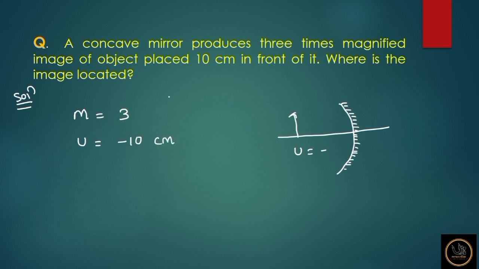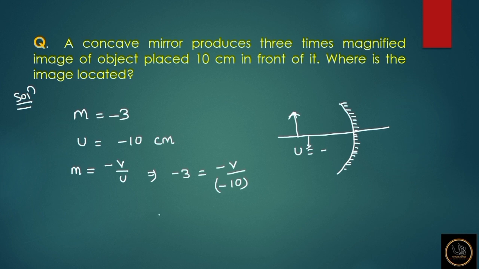Then magnification. Here concave mirror is given. So the image will be formed inverted. So M will be negative. M is equal to minus 3. आया समझ में? Then you know the formula of magnification in terms of U and V, that is M is equal to minus V by U. So M is given minus 3 is equal to minus V divided by U. The value of U is minus 10.